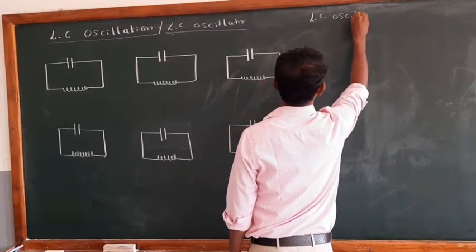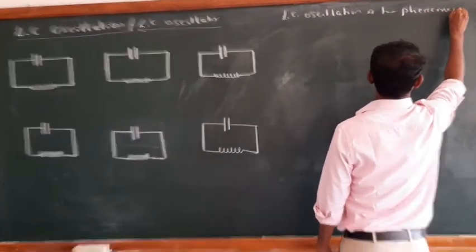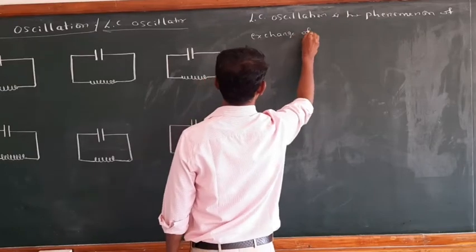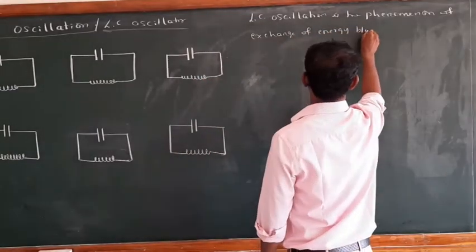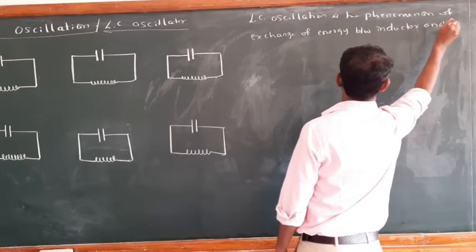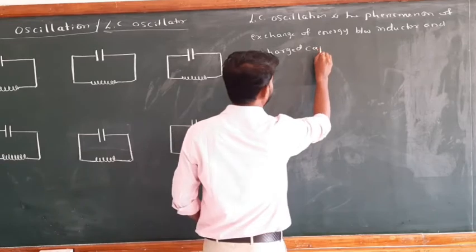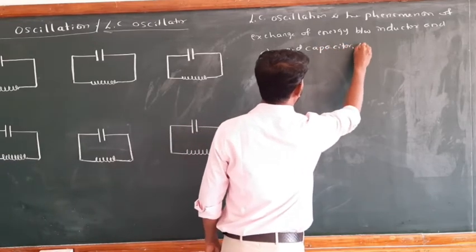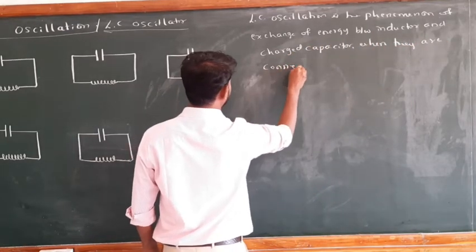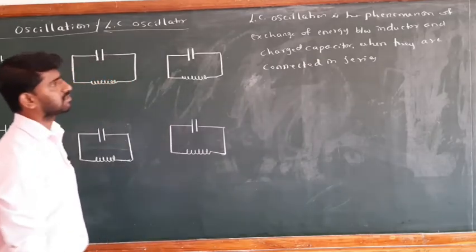LC oscillation is the phenomenon of exchange of energy between inductor and a charged capacitor when they are connected in series. So this is the meaning of LC oscillation.